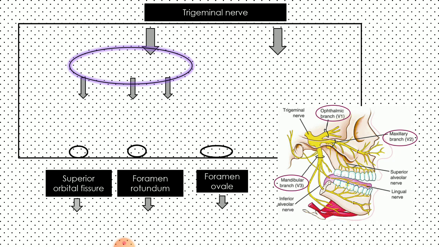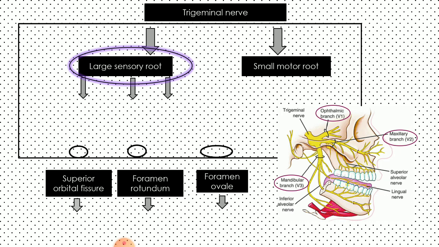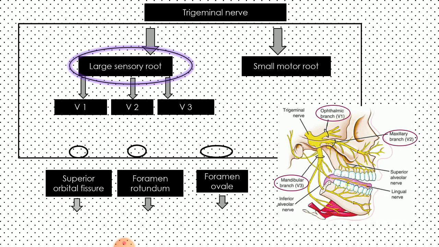Moving on to the flow chart, we all know that the trigeminal nerve has a large sensory root, whereas a smaller motor root, as we have seen in the figure. This sensory root has three branches. This is branch 1, branch 2 and branch 3. Branch 1 enters the orbit and exits the skull through the superior orbital fissure, which is called the ophthalmic nerve.